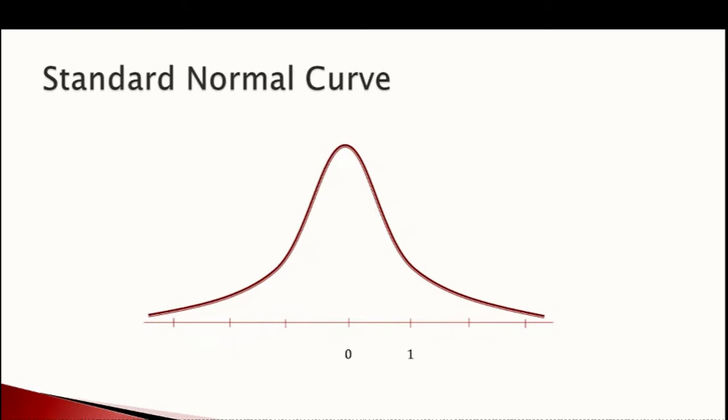Then you have 1 because before you had mu plus 1 sigma, so now you have 0 plus 1, which becomes 1. Likewise, you have negative 1, 2, negative 2, 3, negative 3. All the properties before still hold, and this is called the standard normal curve with mean 0 and standard deviation 1.